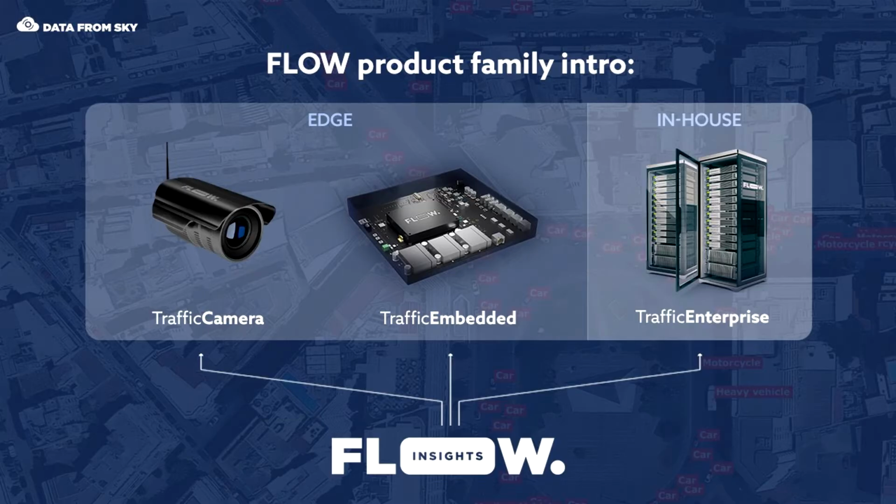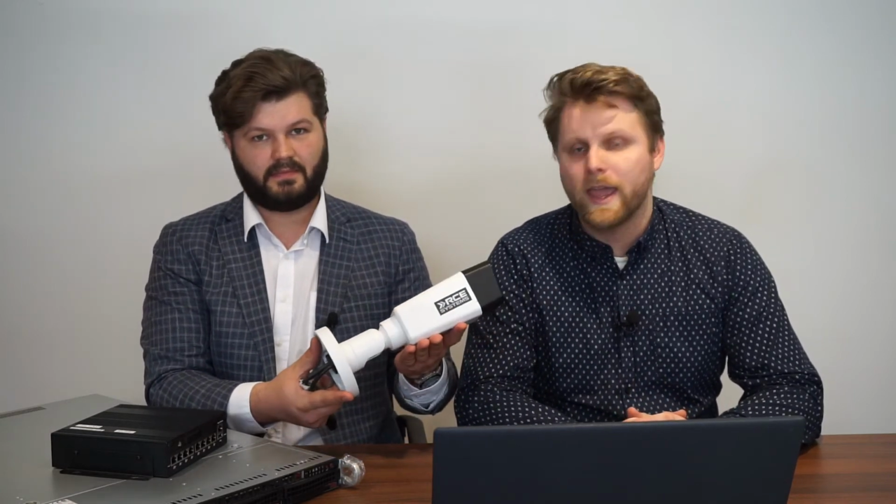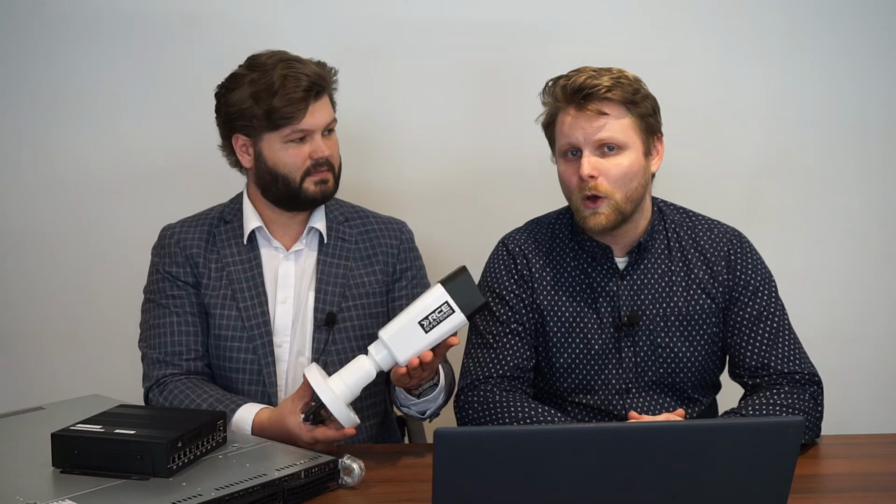Let us have a look at where Flow can be installed. There are three different platforms where the Flow application can run. First one is directly on the camera. That's this one. This is an example of an AI camera where Flow is running directly on it. It's all in one device.